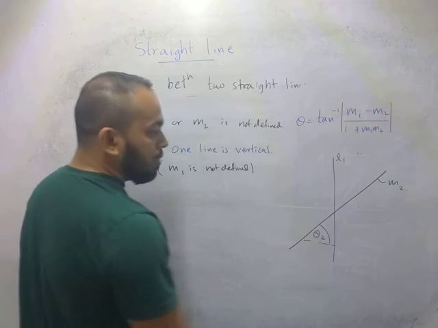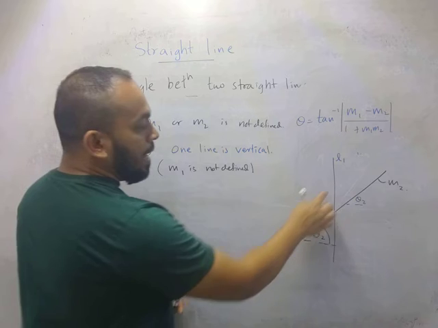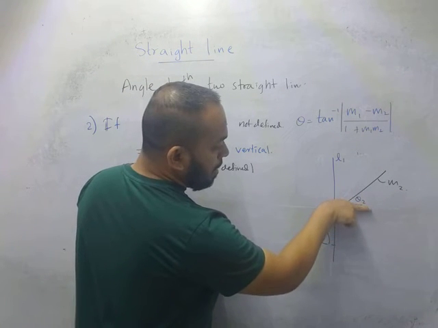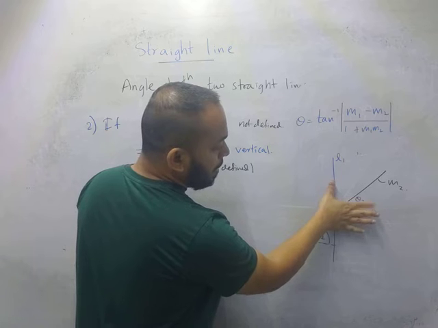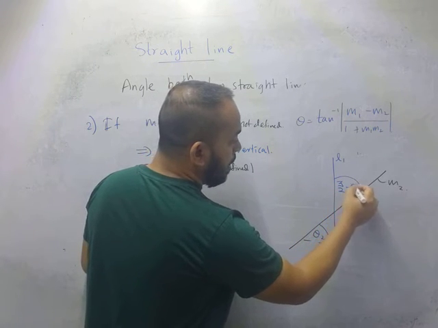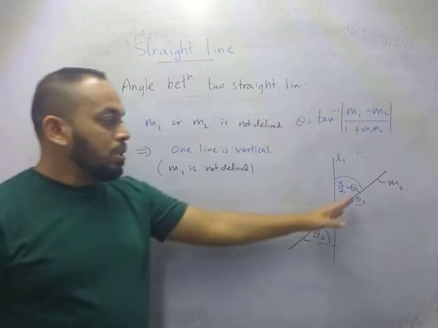This is theta 2. Then what should be the angle between these two? Since these two axes are perpendicular, this angle should be pi by 2 minus theta 2. That should be the angle between these two straight lines.